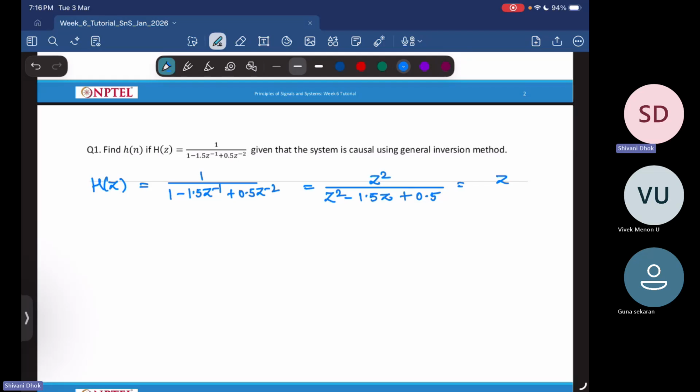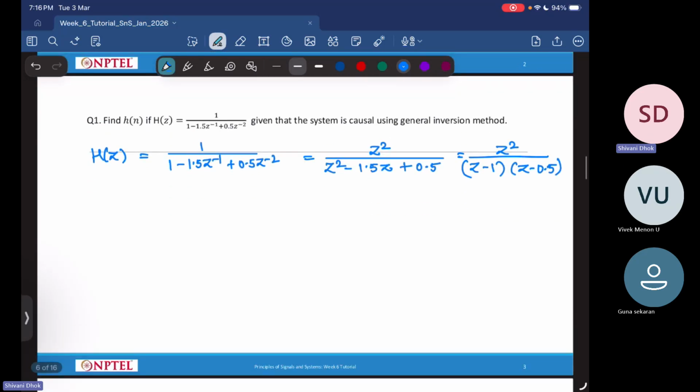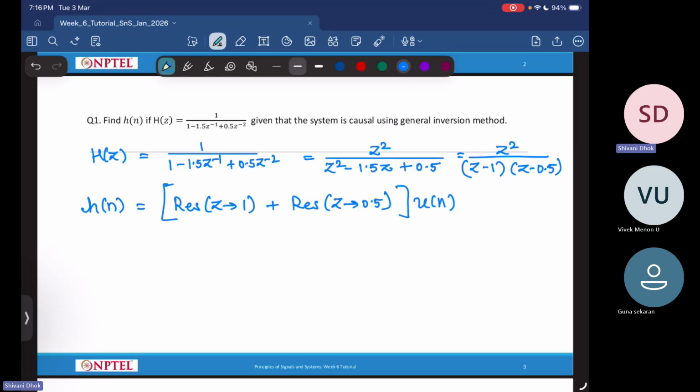I can factorize the denominator as z minus 1 into z minus 0.5. In the general inversion method, your h of n looks like residue at z tending to 1 plus residue at z tending to 0.5, and this is a causal system, so times u of n.